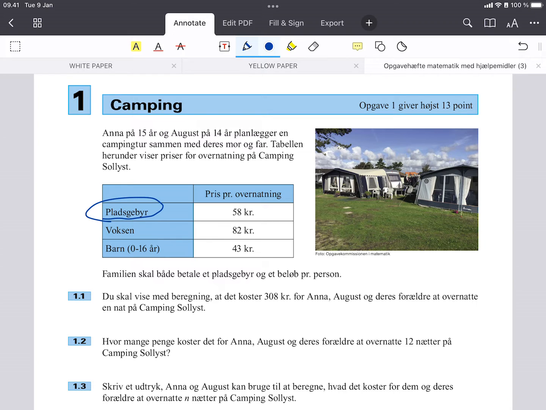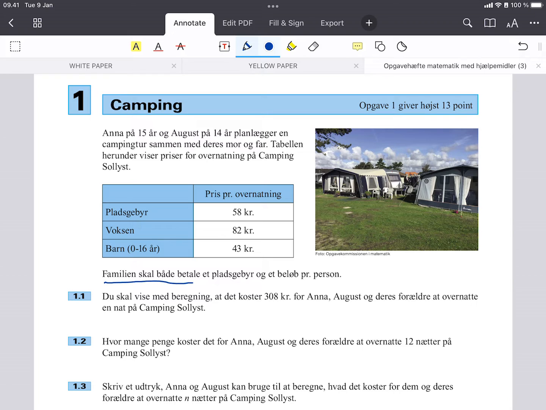Pladsgebühr, just a charge for the space, 58 kroner for each night, pris per overnatning, price per overnight stay. So just for having the space, irrespective of the number of people, 58 kroner. Adult, 82 kroner. Child, 0 to 16, 43 kroner. So there's 3 charges going on, depending on adults, children, or just a basic charge for the camping place.